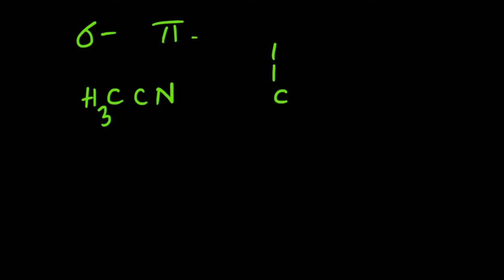Now we are going to find sigma bonds and pi bonds in some molecules. Let us take an example: CH3CN. This compound will look like carbon, hydrogen, hydrogen, hydrogen, carbon, triple bond, nitrogen.